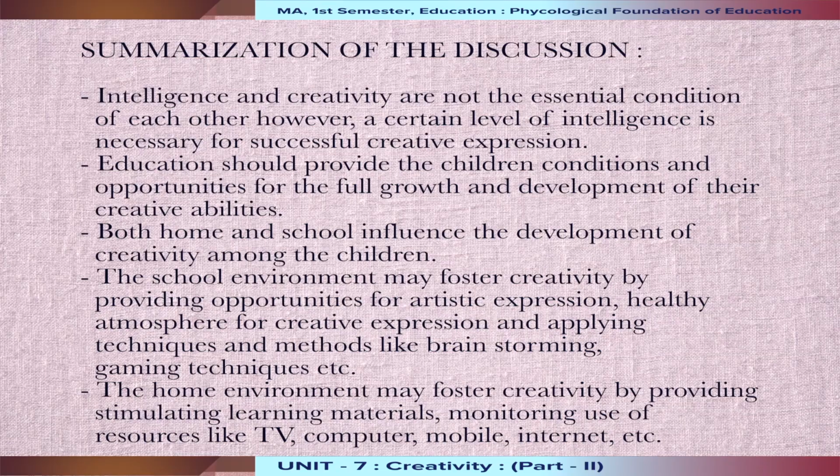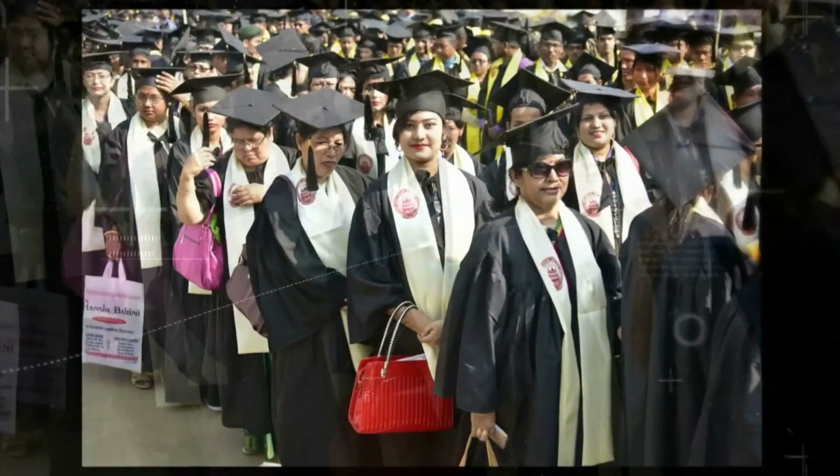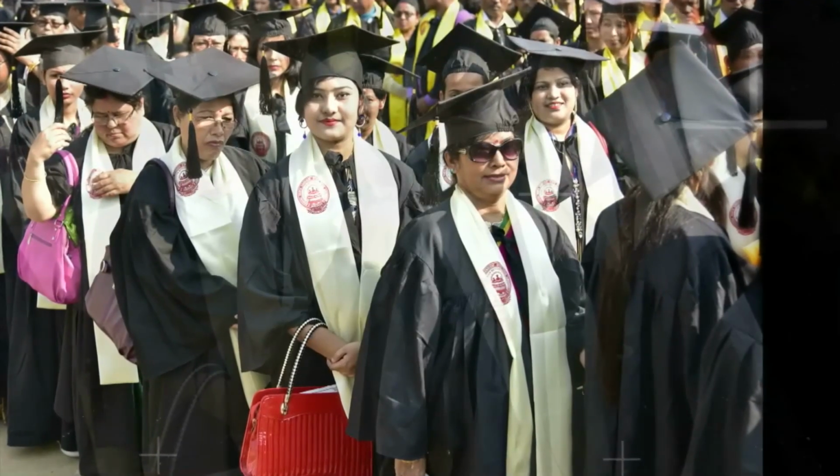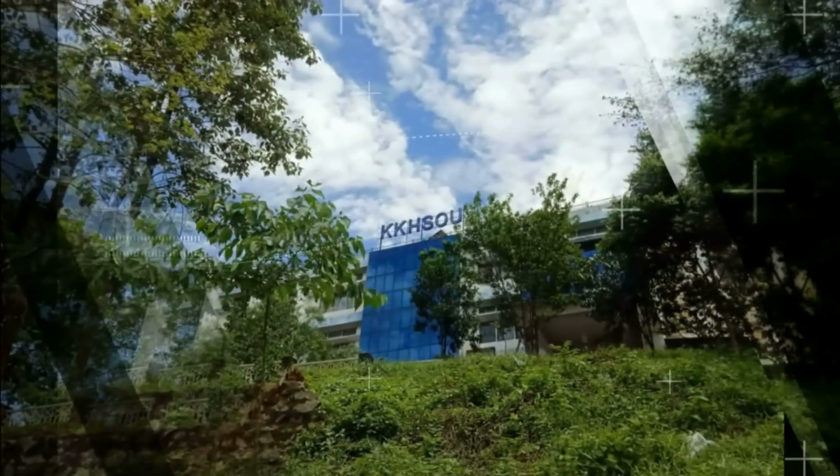So in this way, we have come to the end of this unit, and I hope that you are able to clarify your doubts regarding creativity, its aspects, factors, steps, and the role of teachers, school and the home in developing creativity among children. Thank you.